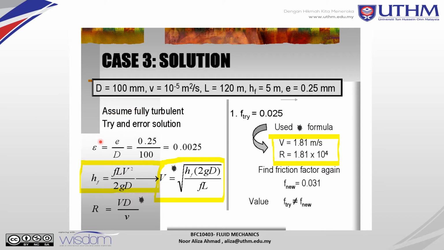First you must find the relative roughness, E over D, so you find 0.0025. Using the HF, the head loss equation, the friction loss equation, you convert it to this equation for velocity in terms of this pipe.